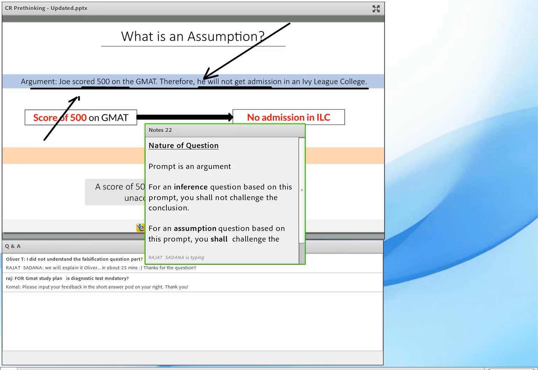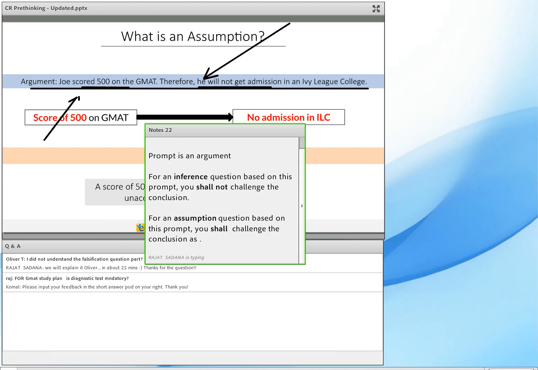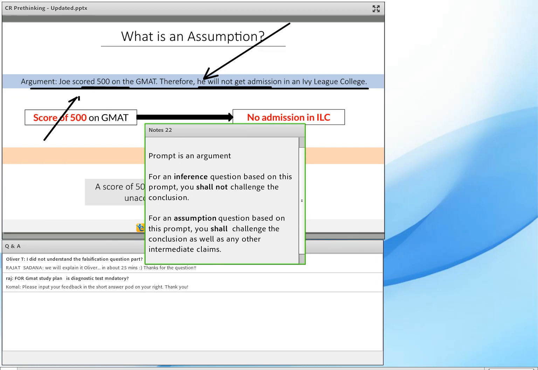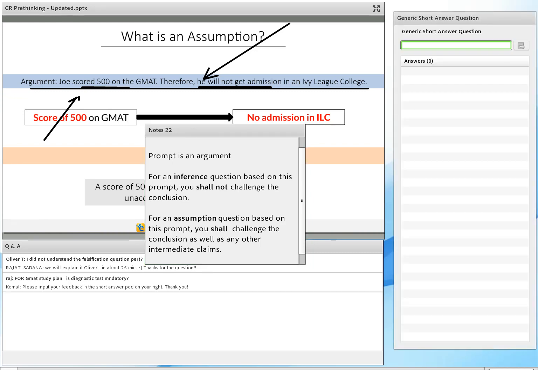We have to take the prompt as given, and not just the conclusion, but any other intermediate claims as well. You don't have to worry about it. It's not something that's tested on the test, but for your overall understanding, if you have a doubt about what an inference is, what an assumption is, and what the difference is, that's the difference. Is that clear?